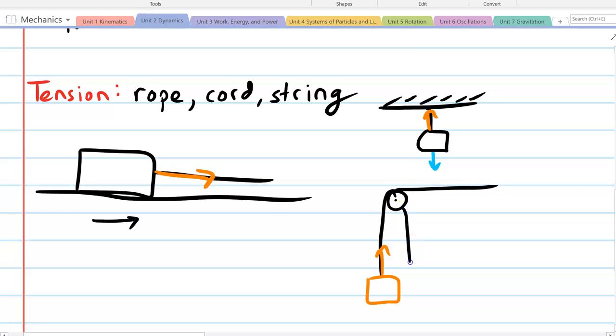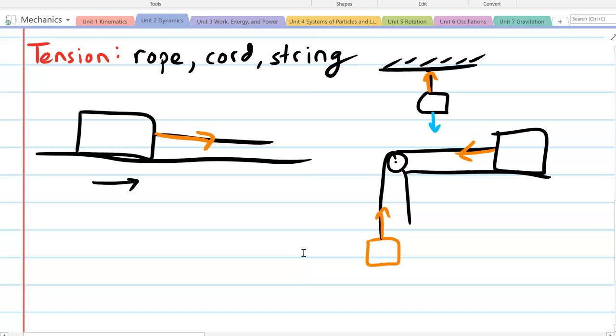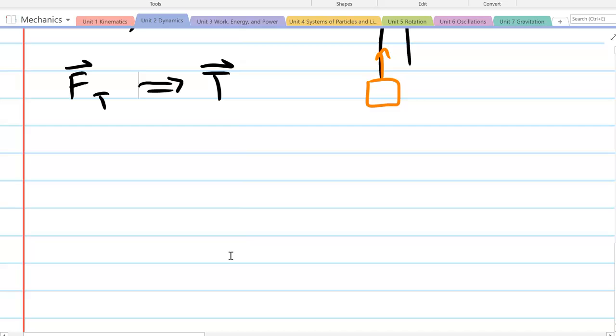Let's say it's attached to this table, and I have this other block here. So the pulley acts as basically a redirector. It redirects the force to a different direction. So now it's horizontal compared to vertical. And then, like always, the way I like to notate it is like this, the subscript, right? Keeping that same convention.